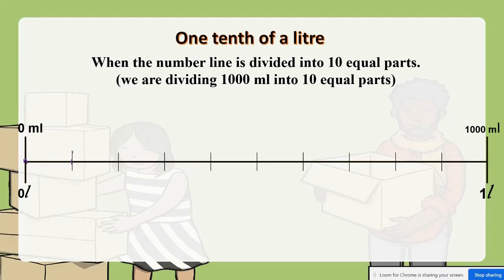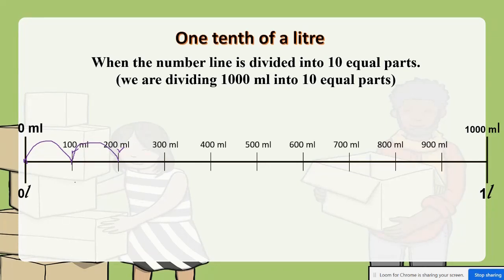From this point to this point, it would again be 100 ml. But when I take from the start of the number line to this point, what would it be? 100 ml plus 100 ml, which would be 200 ml. So we would get something like this.